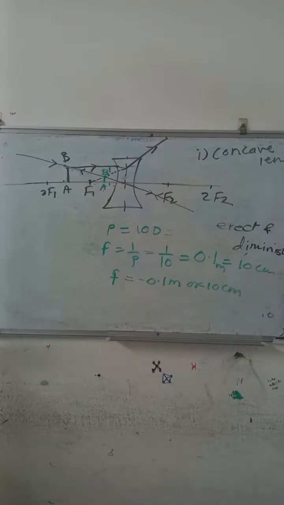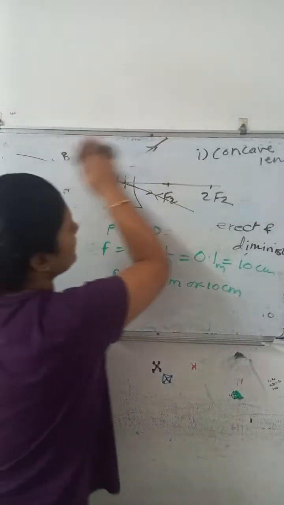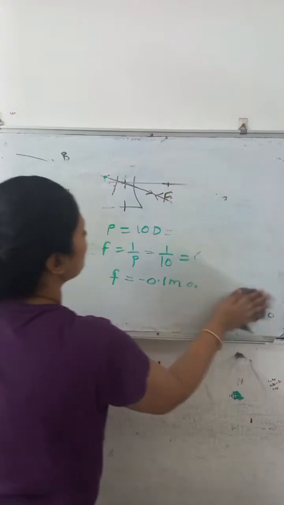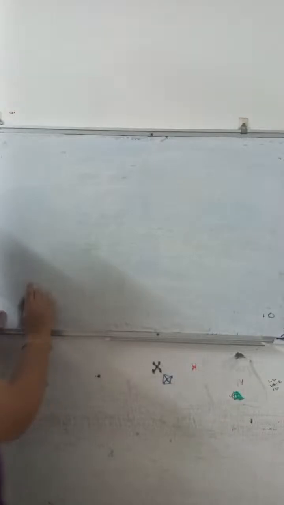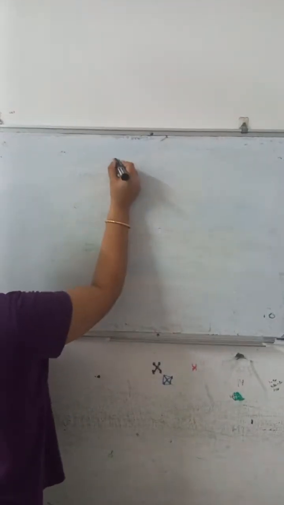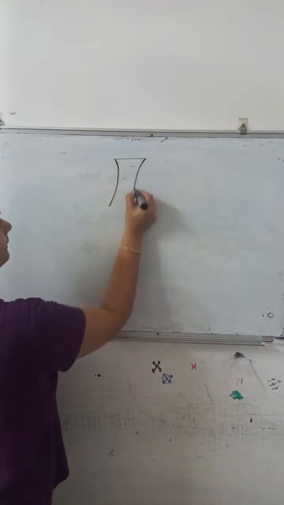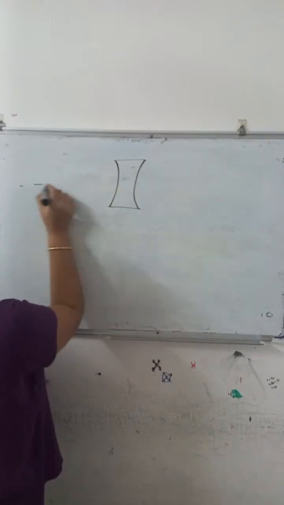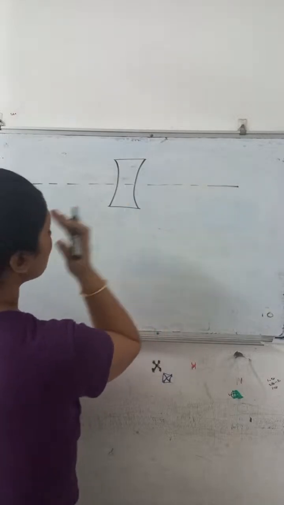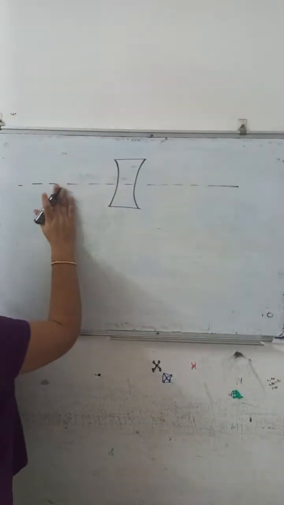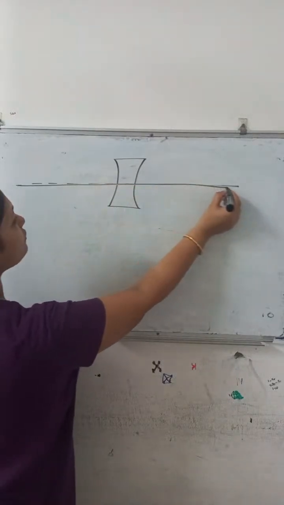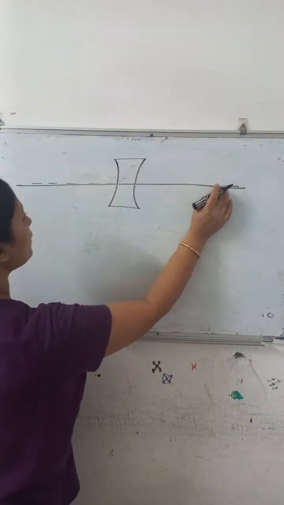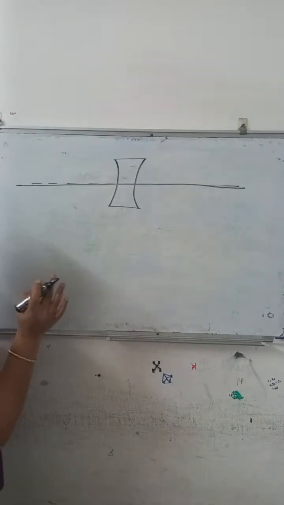Very important, so check. I will draw the concave lens again. If you know the given values, then plot them by drawing the diagram. It is very helpful while solving the numerical, so that whatever answer we get, we can check with these ray diagrams also.